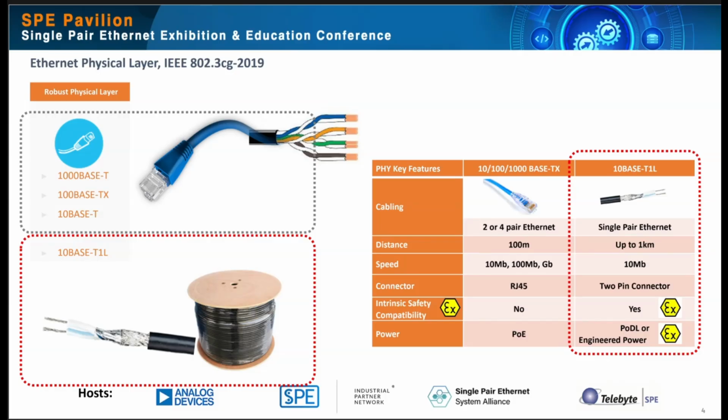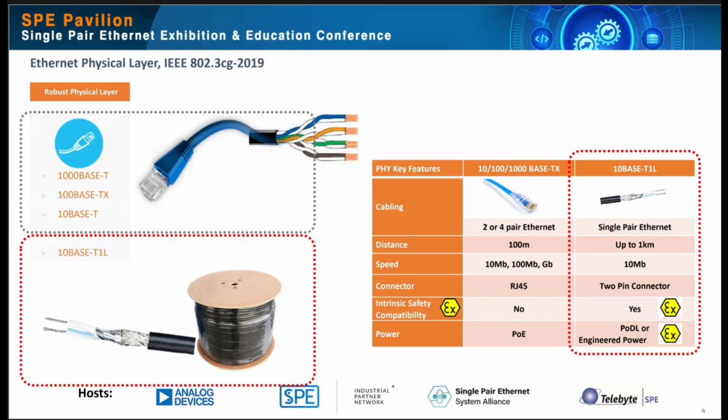Speed is 10 megabits. One of the key enablers is the 2-pin connector. From both a complexity of installation and a reliability point of view, a single pair connector is a huge benefit to the industry. It makes the connections much more robust and much easier to install. And an attribute of 10-base T1L that doesn't really exist with standard Ethernet is the ability to use it in explosive or dangerous environments.